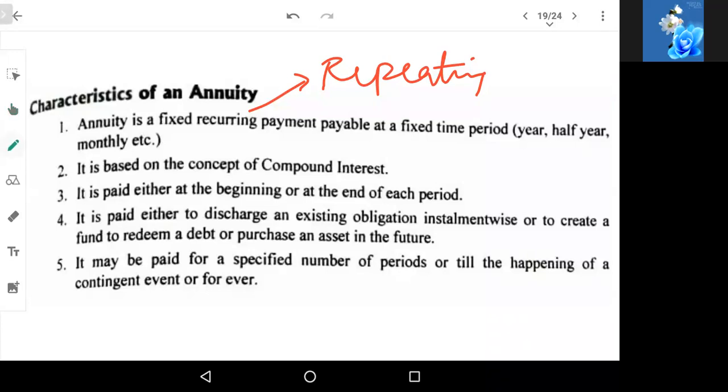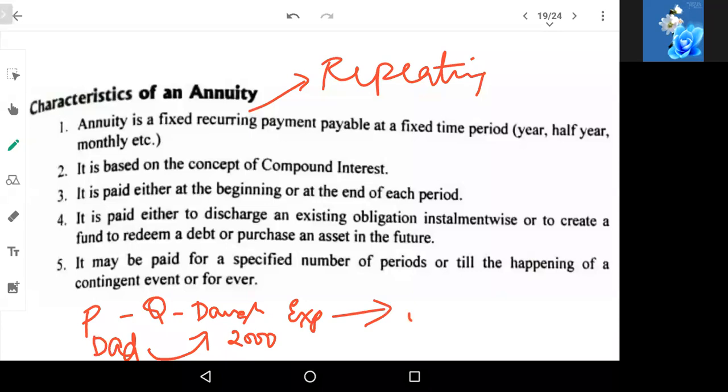Say for example, there is P and there is Q. P is a father and Q is a daughter. So dad will be paying to the daughter. Let's say, for example, he is paying 2000 rupees every month to the daughter to use for her expenses until she gets married.